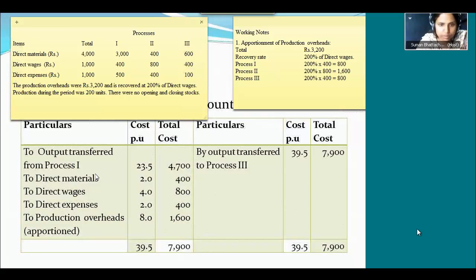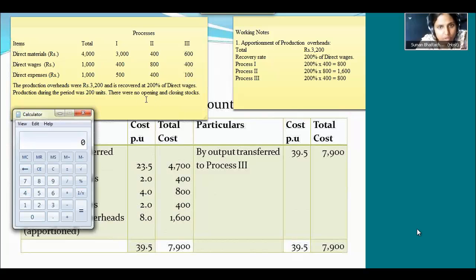Next, the production overheads were rupees 3,200 and it should be recovered at 200% of direct wages. So in process 2, how much is the direct wages? Direct wages is 800.